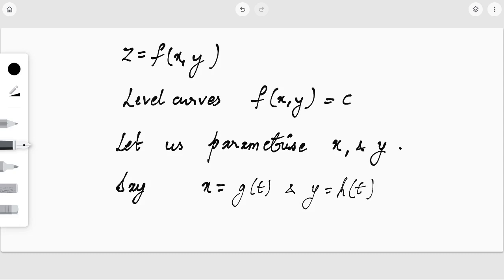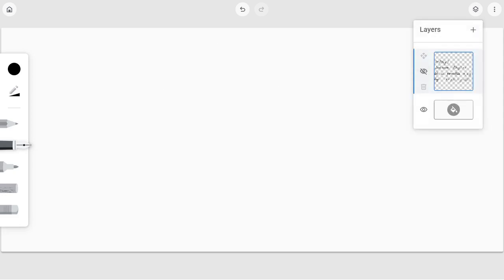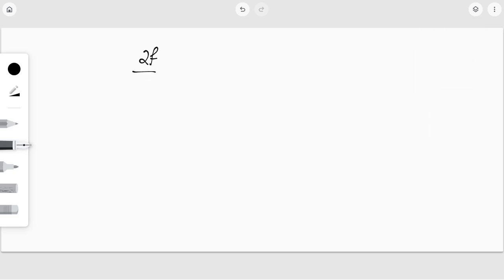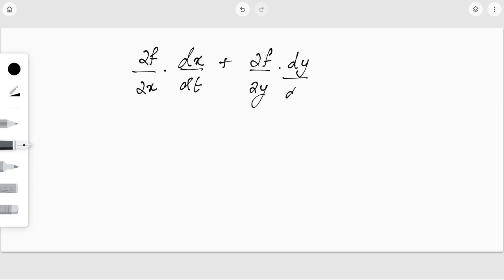Then we will differentiate this particular equation. In the two variable case, we'll have the partial derivatives of f. We will get dou f by dou x times dx by dt, since x is a function of t only, plus dou f by dou y into dy by dt.